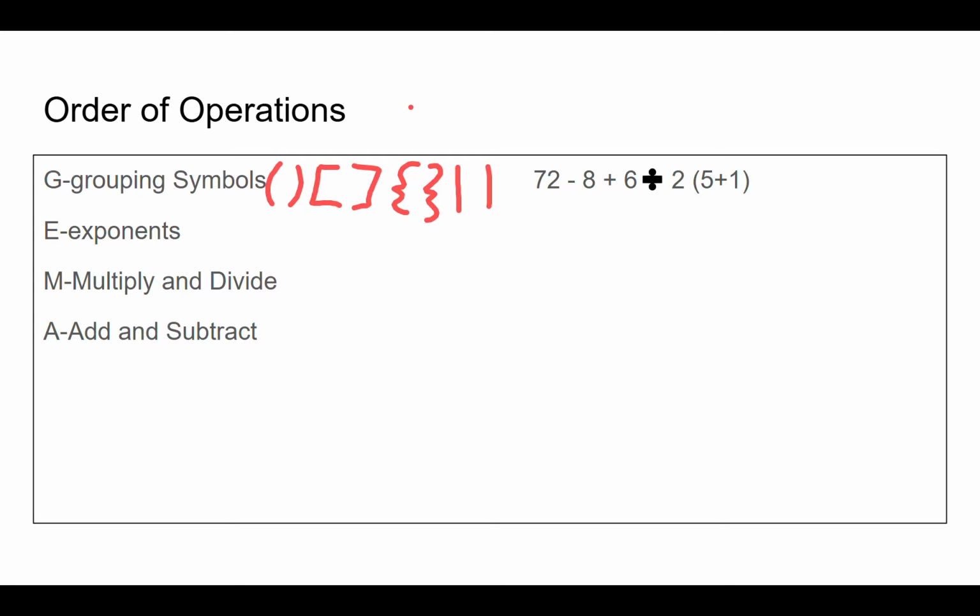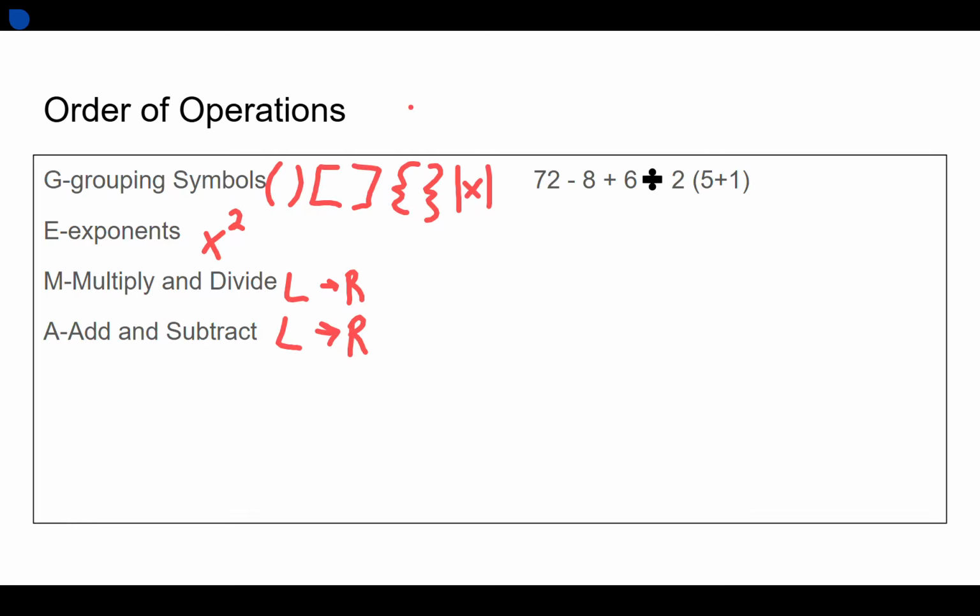So absolute value turns our numbers positive, okay? Then we have exponents, those little numbers up there in the upper right corner of our values. Then we have multiplying and dividing from left to right, and then adding and subtracting from left to right, okay?